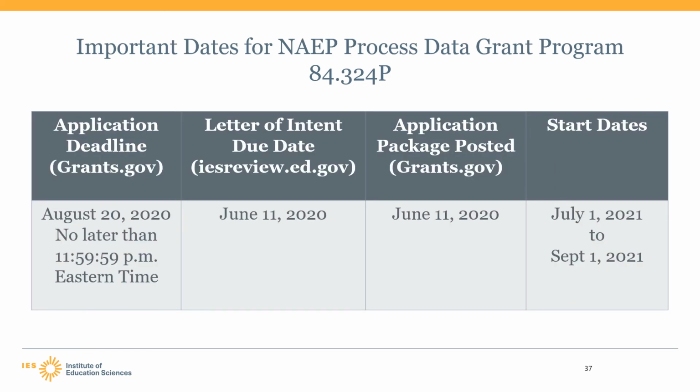This slide includes important dates for 84.324P. Applications must be received in grants.gov no later than August 20th, 2020 at 11:59 Eastern Time. The letters of intent are due on June 11th, and the application package will be posted on grants.gov on June 11th as well. The possible start dates for the award are between July 1st, 2021 and September 1st, 2021.